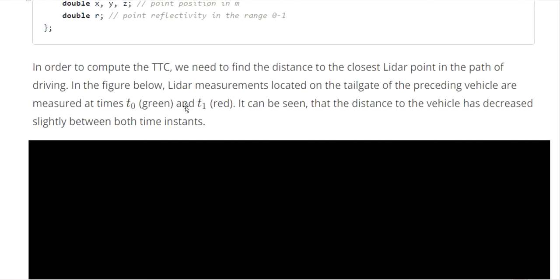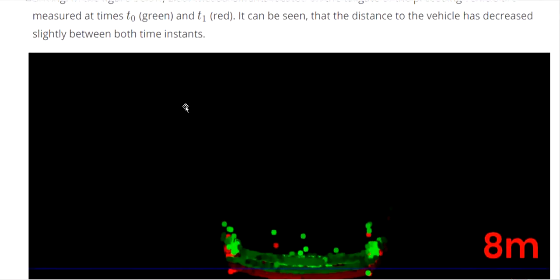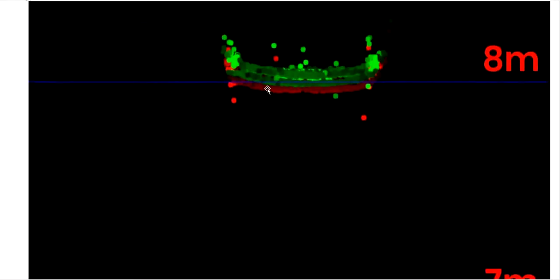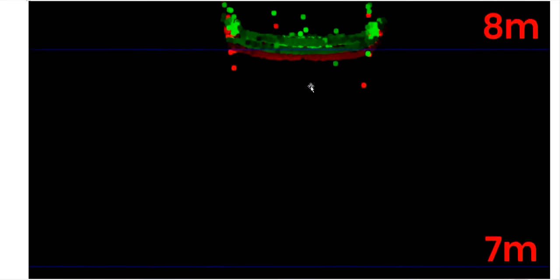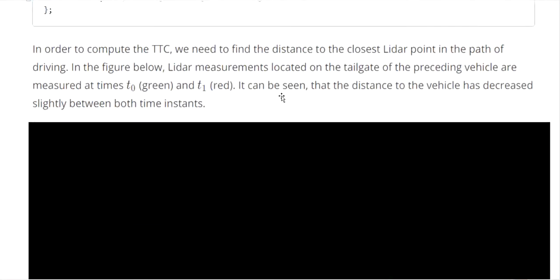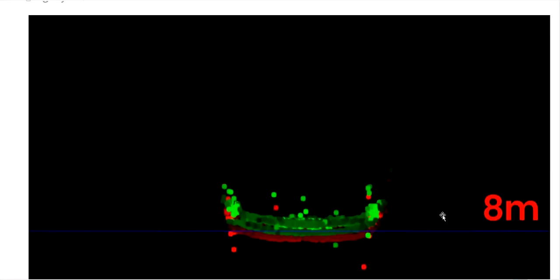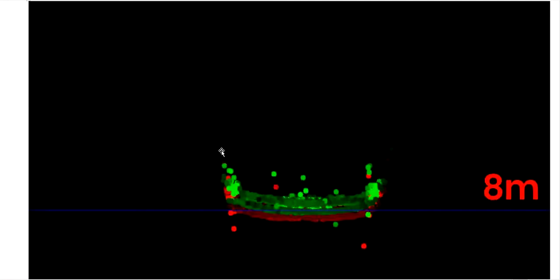LiDAR measurements located on the tailgate of the preceding vehicle are measured at time T0, in green, and T1, in red. Right here you can see at time T0 a green point, but at time T1 a red one. So we know that the distance to the vehicle decreased from 8 meters to 7 meters between time T0 and time T1.